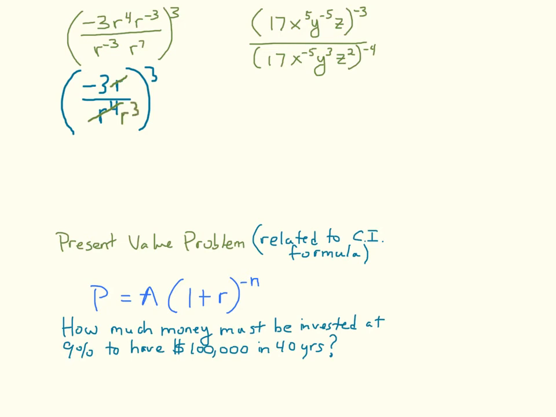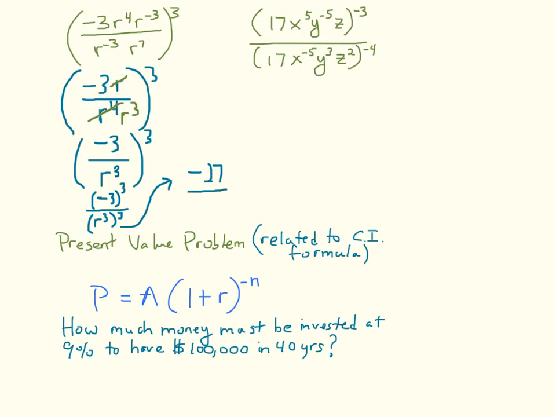So I'm left with -3 over r cubed, all that cubed. So I can then make this -3 cubed over r cubed cubed, and so that would leave me with -27 over r to the 9th.